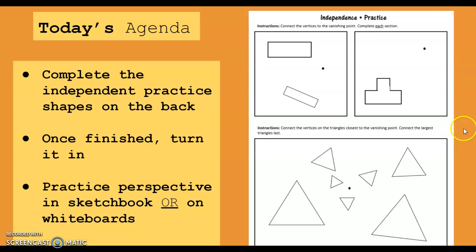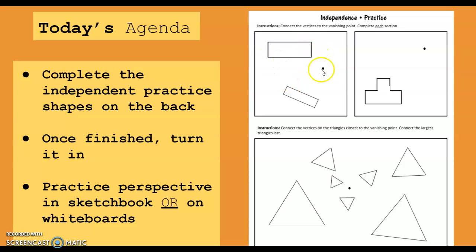All right, so the back of that PDF, that worksheet you handed out, should hopefully have something along these lines. So obviously don't worry about where it says today's agenda. You're just going to worry about completing these. So I'm going to kind of help y'all out. These two shapes are essentially what we were doing on the front.